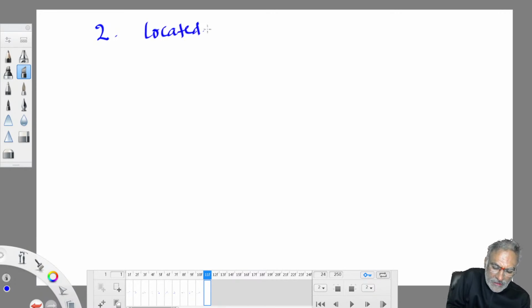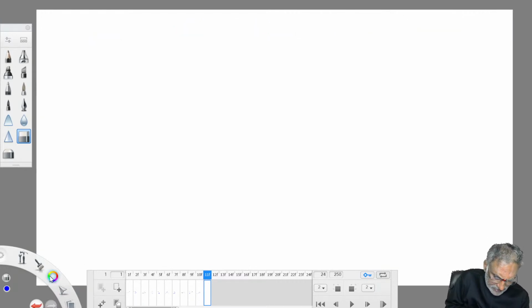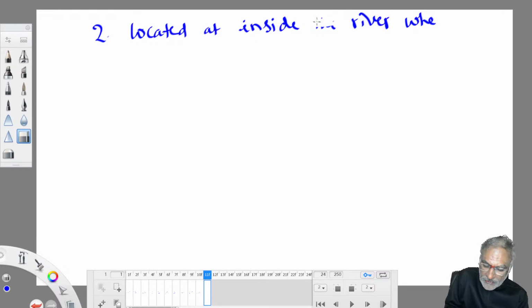Located at sufficient depth inside the water body, where sufficient depth of water is available throughout the year, so that collection becomes simple and easy.